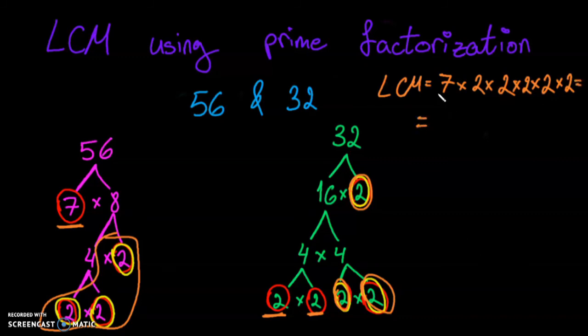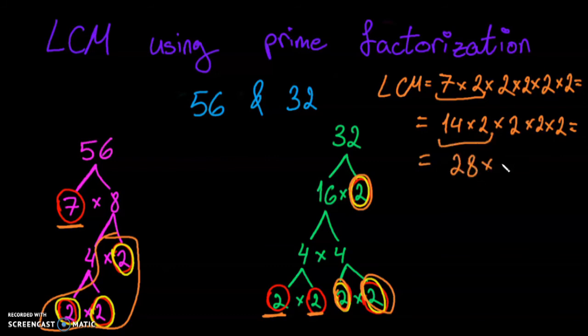Now we can simplify this. 7 times 2 is 14. Times 2, times 2, times 2, times 2. And then 14 times 2, which is 28, times 2, times 2, times 2.